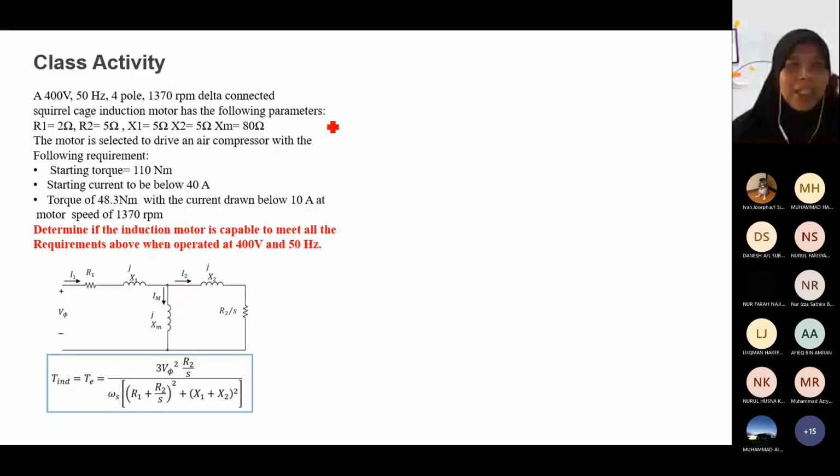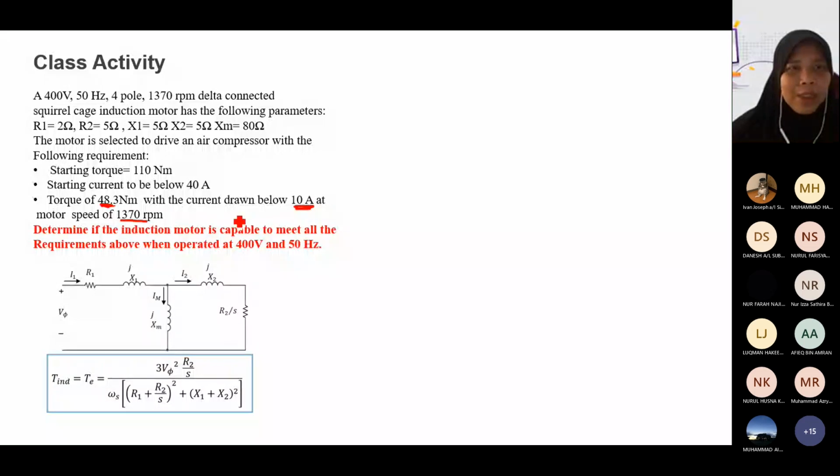Okay, next we want to calculate the third requirement. It says that in order to run the compressor, we must have a torque of 48.3 Newton meter with the current below 10 ampere at motor speed 1370 RPM.